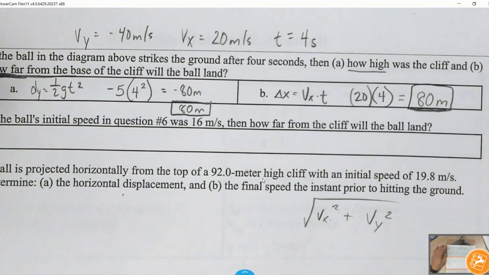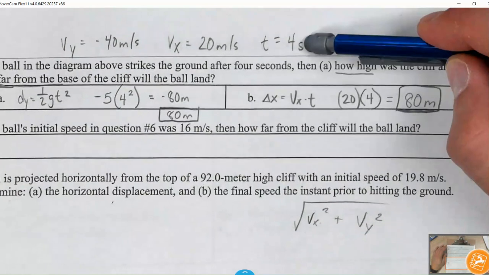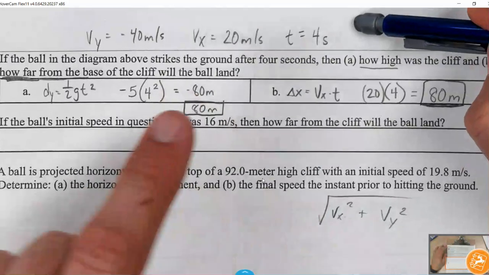So, this is still a good question. If the object is still in the air for 4 seconds, is it going to change how far it fell?